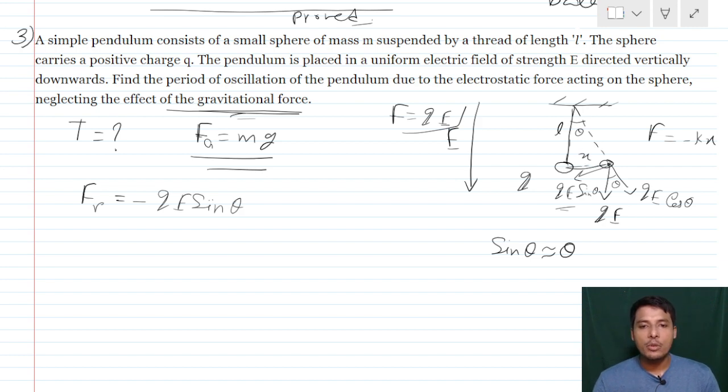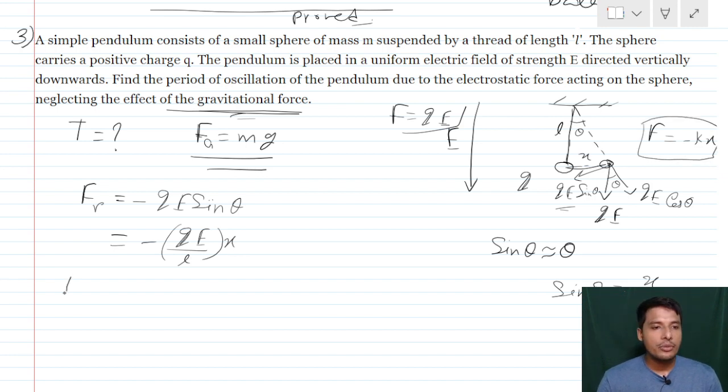The displacement is so small that we can take it as perpendicular. According to this diagram, sin theta will be x by L. So we can write minus QE by L into x. We can easily compare it with F equal to minus kx, and then the time period T equal to 2 pi root over m by k.